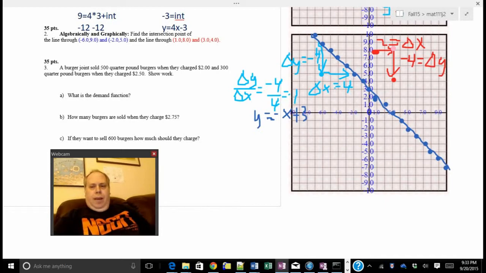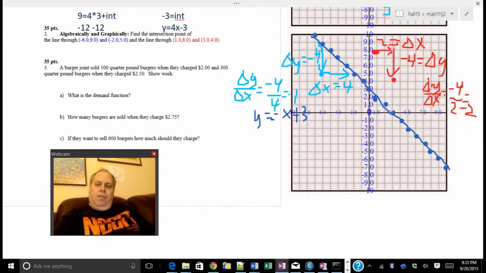So that tells me that delta y over delta x equals -4 over 2 equals -2. I ran out of space there, but I think you get it. That's a slope of -2.